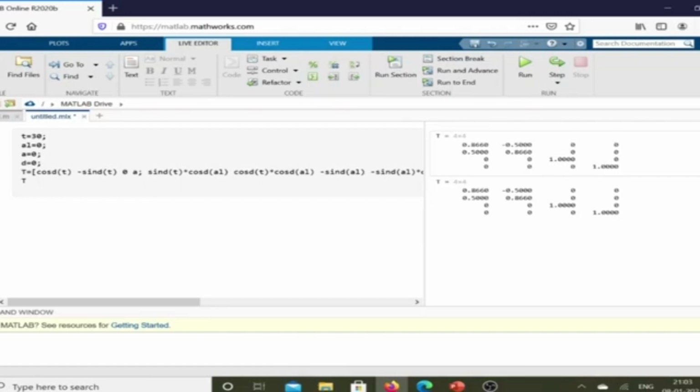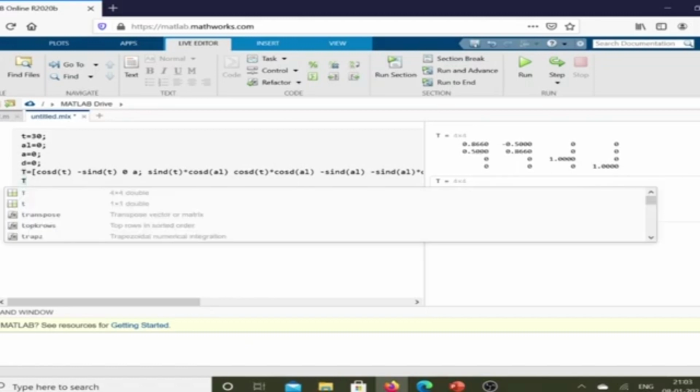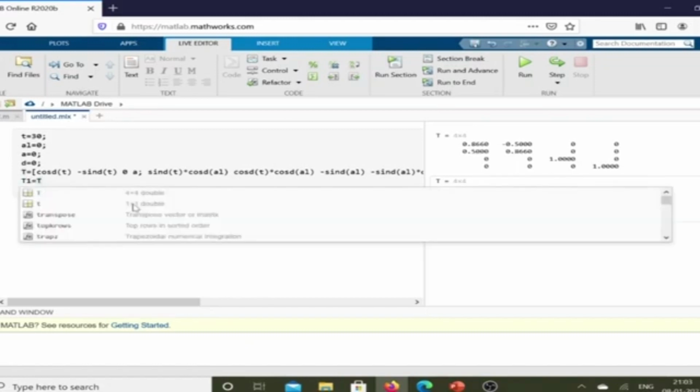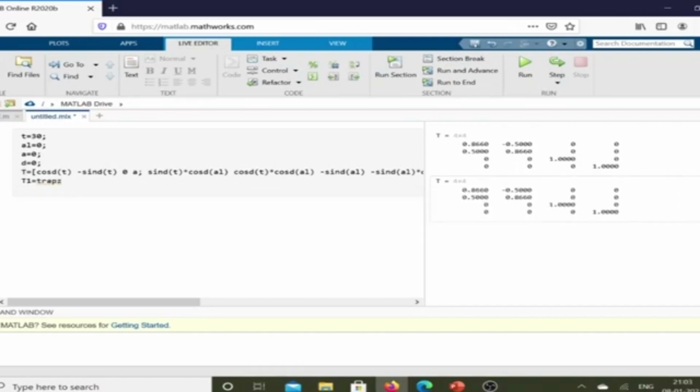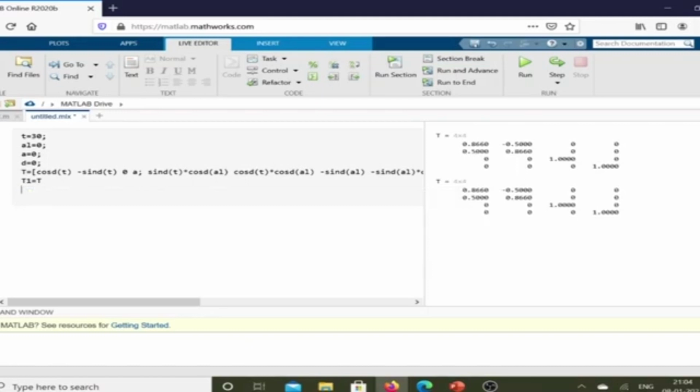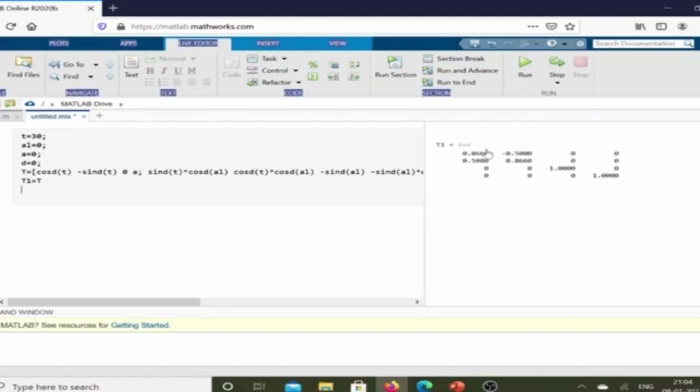Now what I will do is, let me call this matrix T1. So T1 is equal to T. Okay, now if I run it again, what you see is we're going to get the matrix T1 as this.